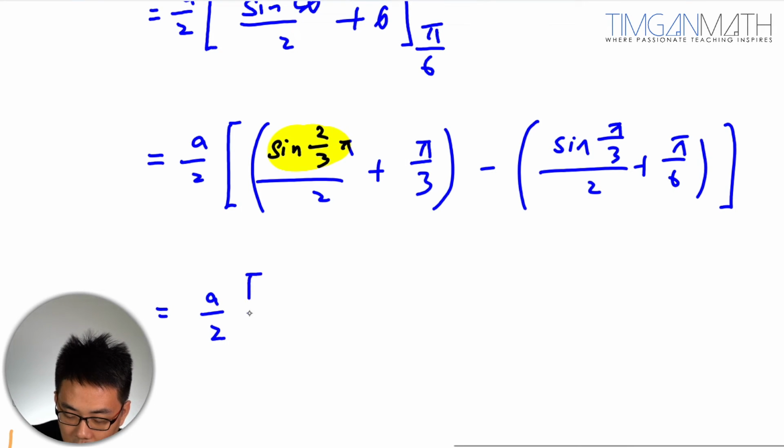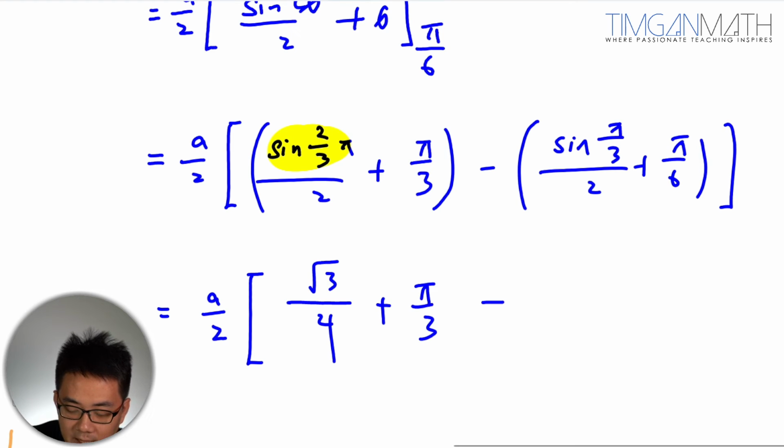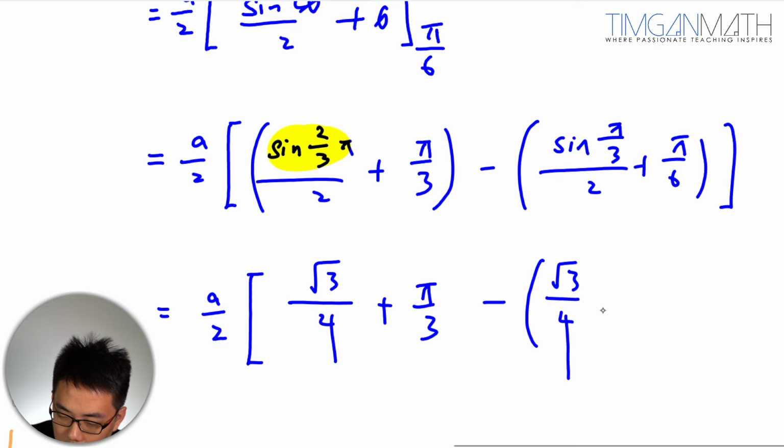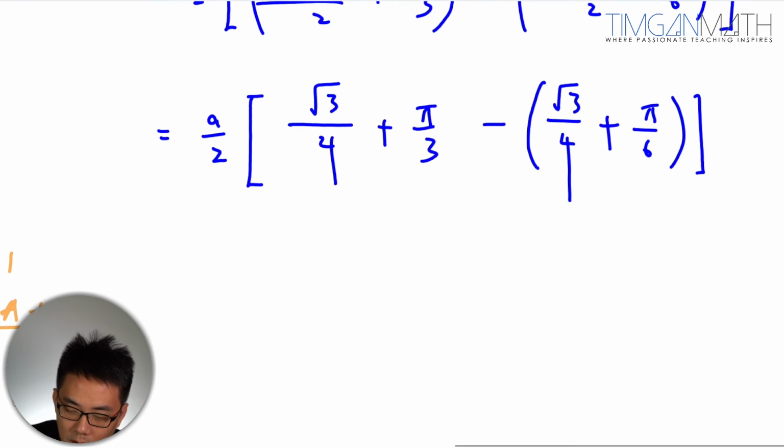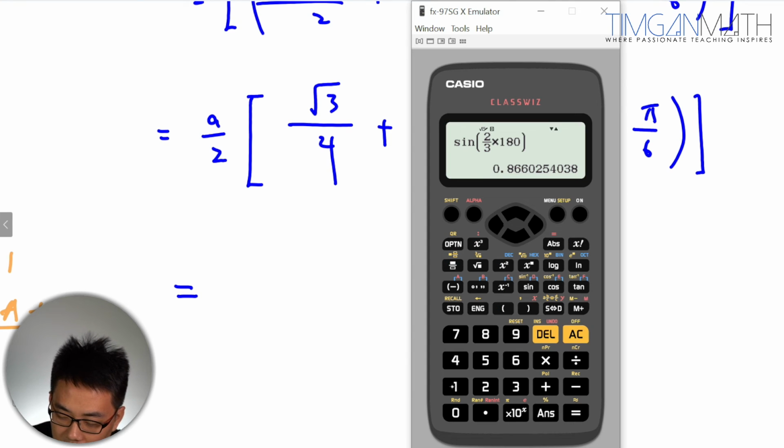So this is root 3 over 4. Sine 60 will be root 3 over 2 as well. So it happens to cancel off each other. So pi over 3 minus pi over 6 will be pi over 6.